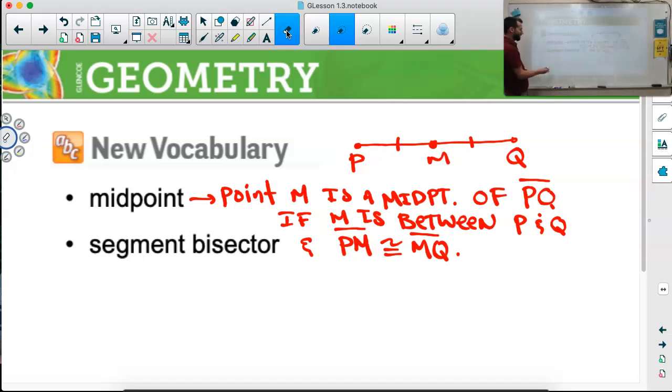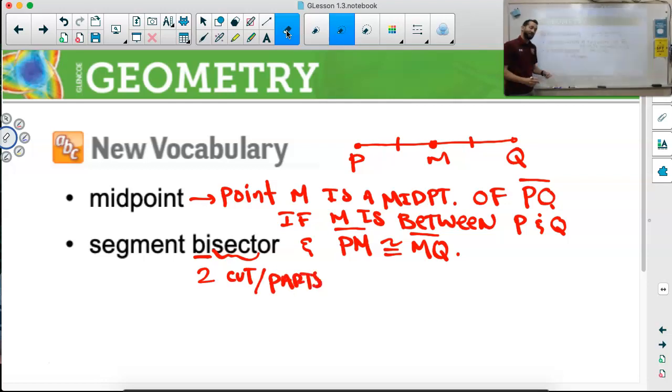And we also have this other definition, segment bisector. A segment bisector is a segment, line, or ray that bisects a segment. To bisect something, bi means two, and sect is parts, or to cut. If you think of science, if you've ever done a dissection, to cut. So two cuts or two parts.